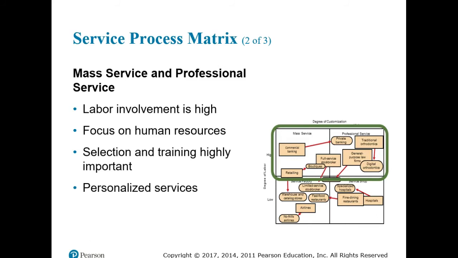Now, this is particularly true in the professional service quadrant. So remember, your mass service and professional service, labor involvement is high. There's a focus on human resources, and selection and training highly important. And then you have personalized services.